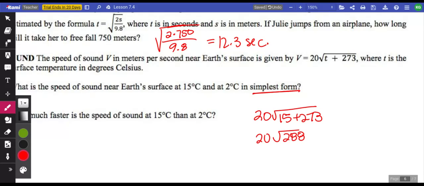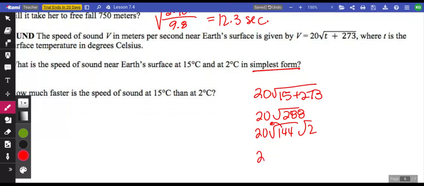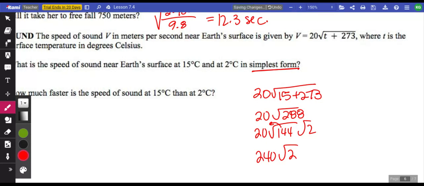Trying to find out what it breaks up into. Okay, so 288, I should have known, is square root of 144 square root of 2. So the 144 would come out to be 12, and 12 times 20 is 240 square root of 2. Then we have to do 2 plus 273, which is 275.